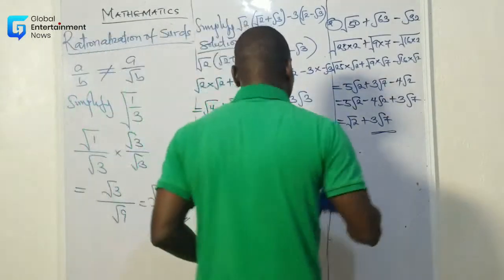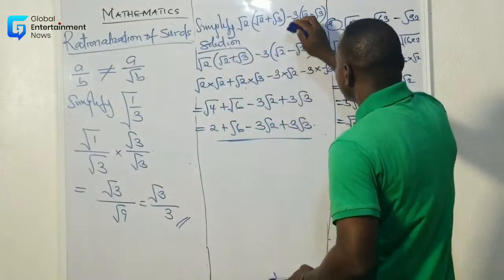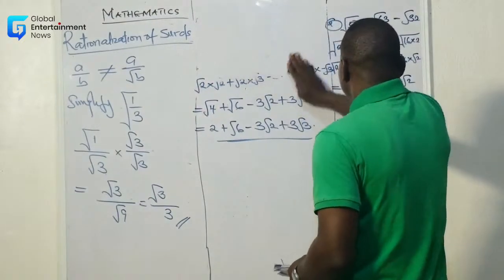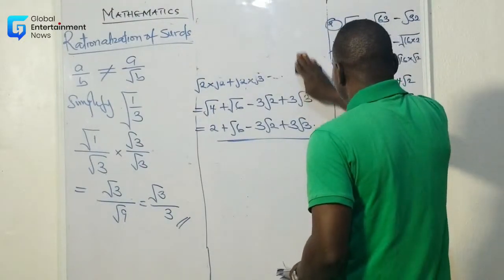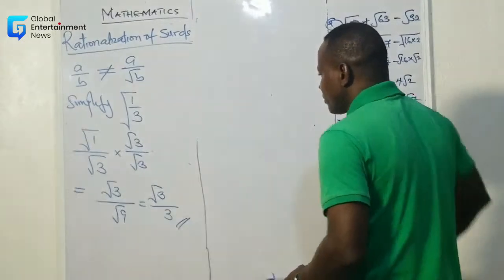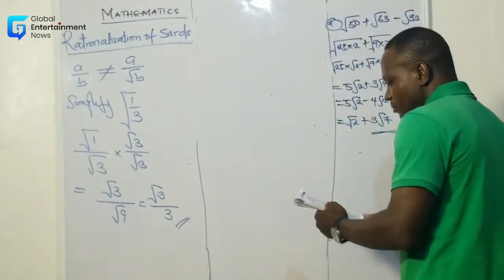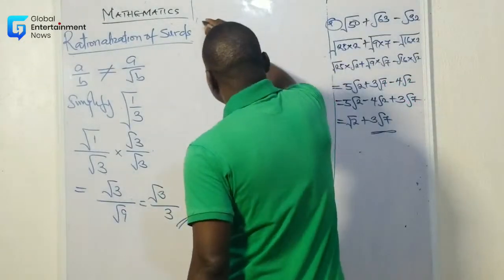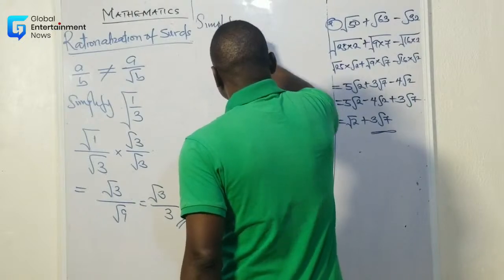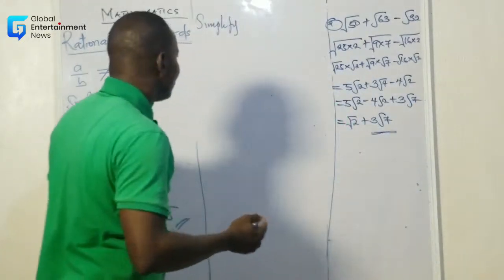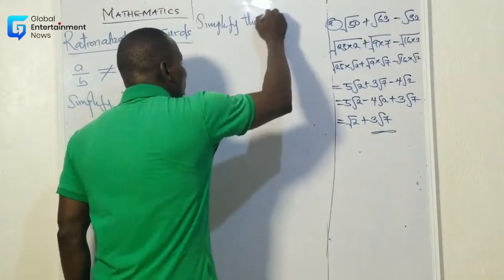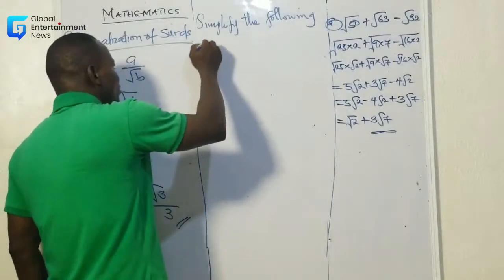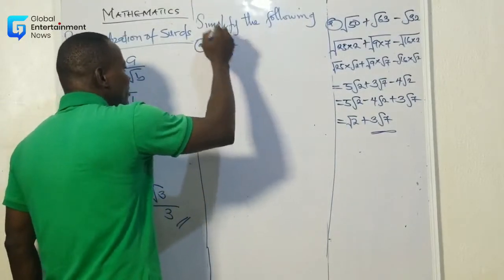Now, let's do more examples. The question says, simplify the following. Let me write maybe 4 questions. The first one, A, 3 over root 3.